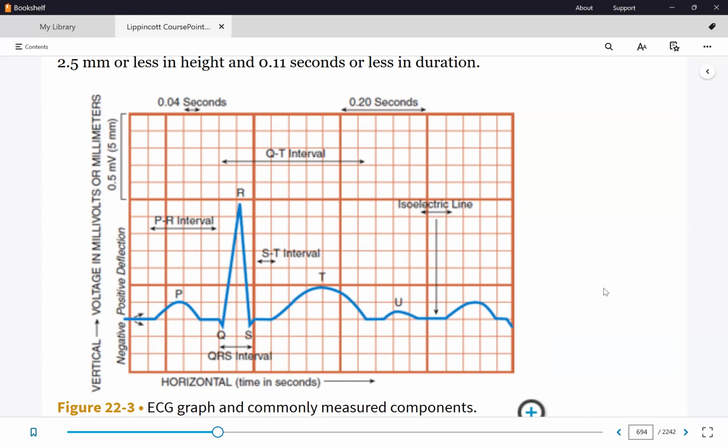Now, if the ventricles repolarize, that means the atria must also repolarize, yeah? But it's probably hidden somewhere, because after the ventricles depolarize or contract, a millisecond later they repolarize. So when will the atria also repolarize?